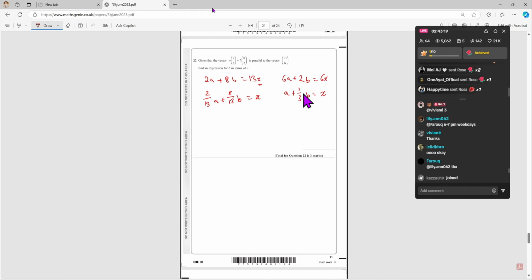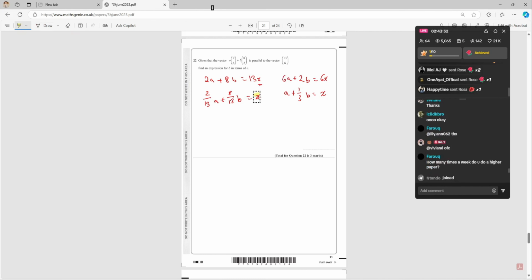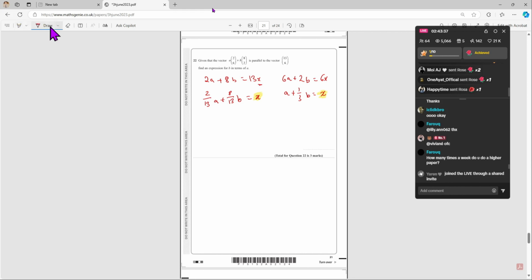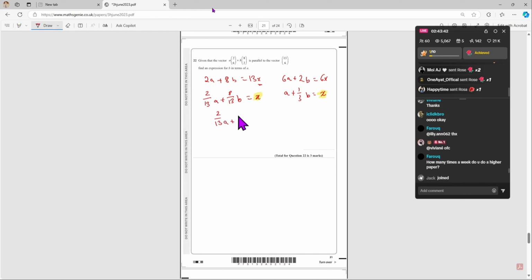So now, we are going to write this as one equation, because these both are equal to x. So we're going to put them together into one equation: 2 over 13a plus 8 over 13b is equal to a plus 1 over 3b.